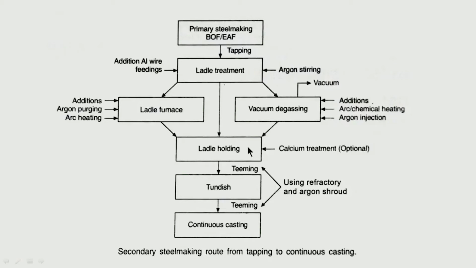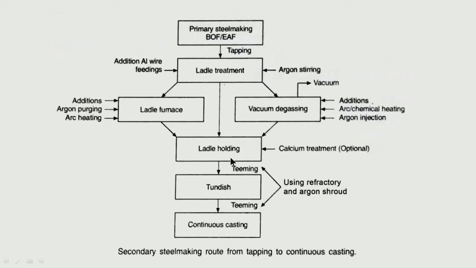And if you have an argon facility, which normally all ladles have for argon purging, this helps the inclusions to float up. After this we have to go to the tundish if you are going for continuous casting. That means from the ladle we have to go to the tundish.